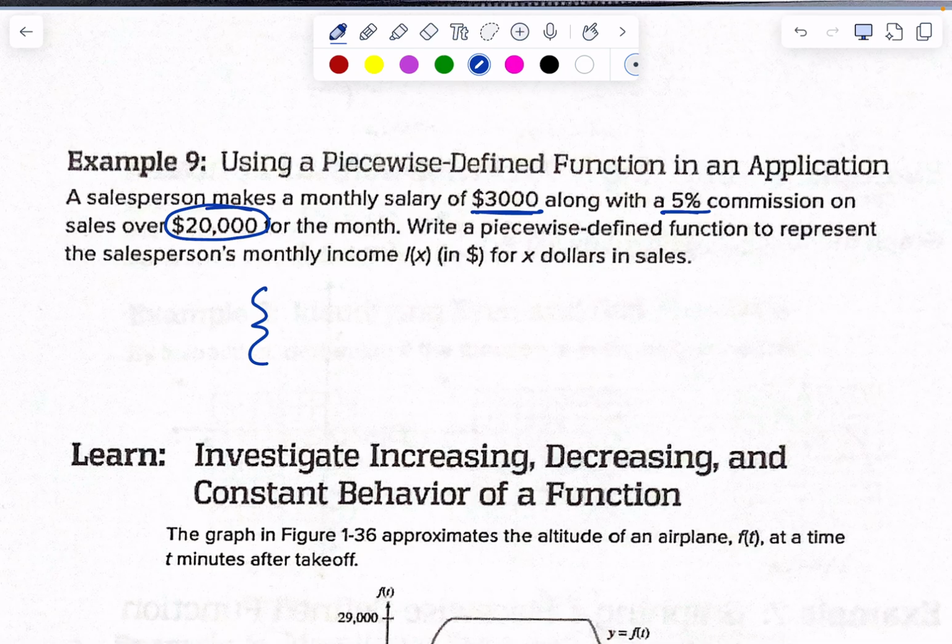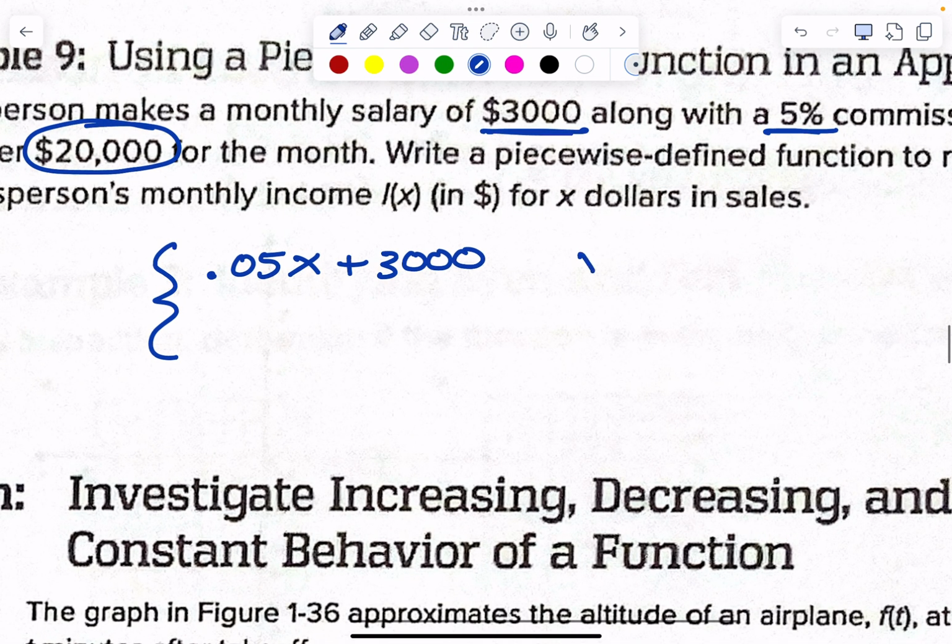Now, what does that look like as a function? Don't worry about the 20,000. 0.05 is your commission, times x, plus the 3,000. I plug my x in as long as x is greater than or equal to 20,000. That's your domain for that one.